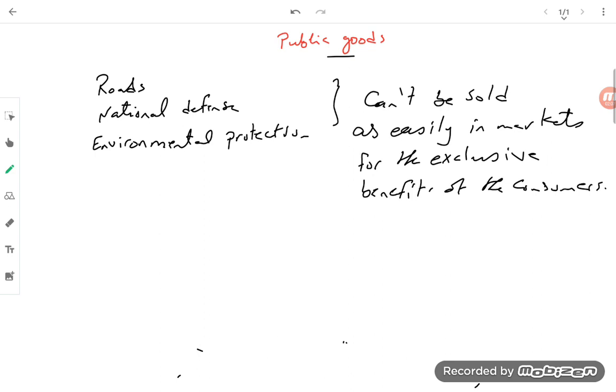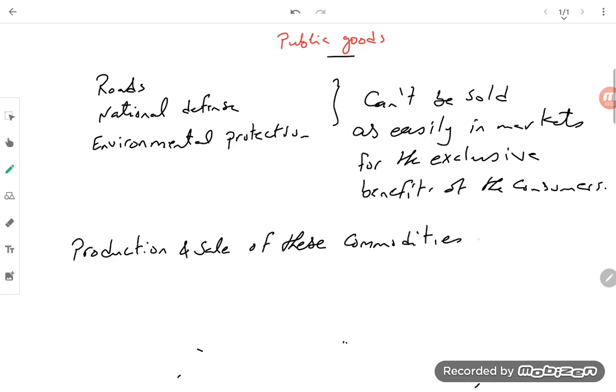This means that production and sale of these commodities would be accompanied by positive externalities.